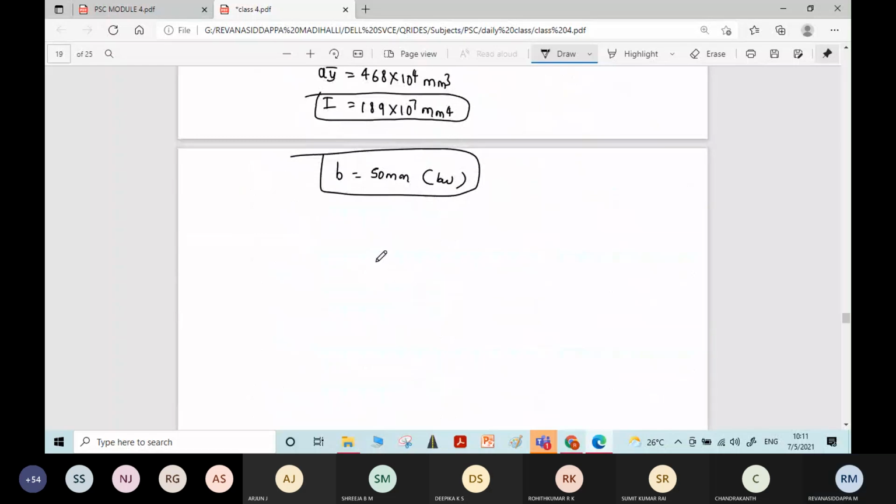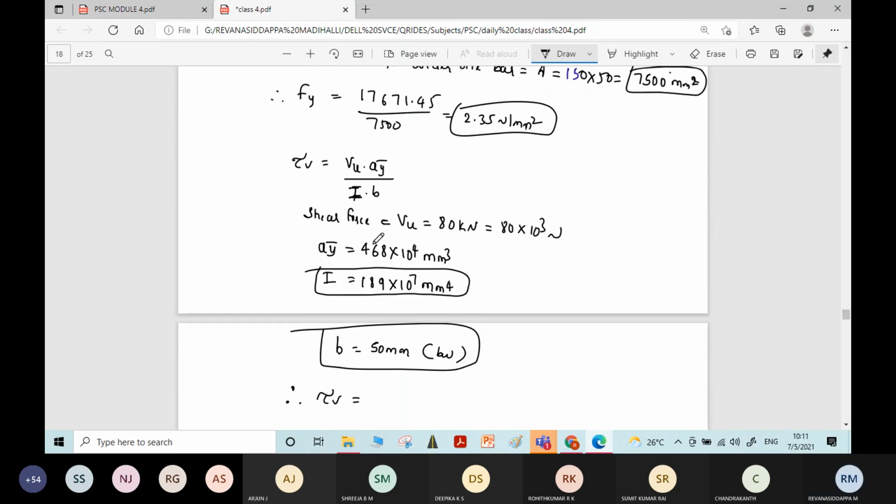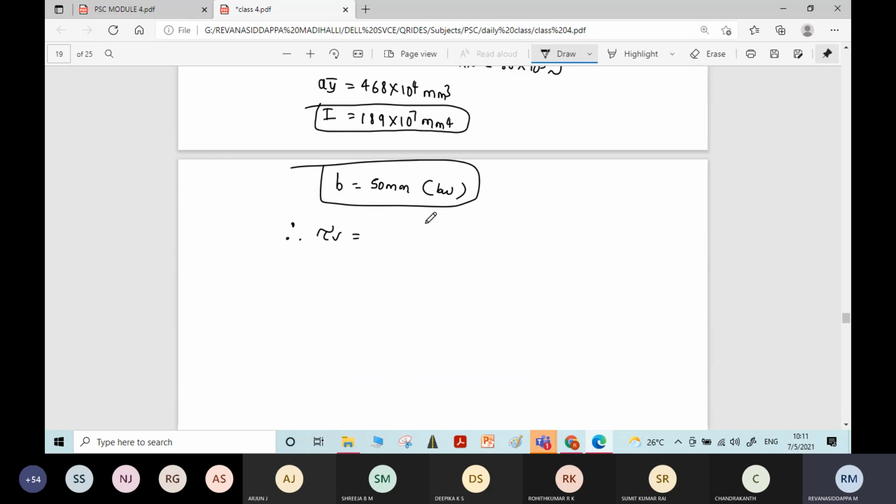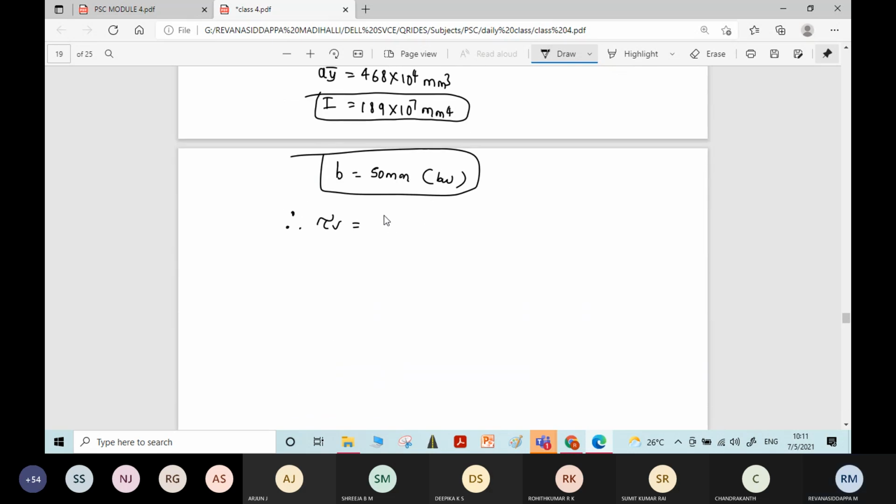Now you can substitute to get the shear stress. Therefore, tau V is equal to Vu is 80 into 10 power 3, Ay bar is 468 into 10 power 4 divided by I is 189 into 10 power 7 into 50.